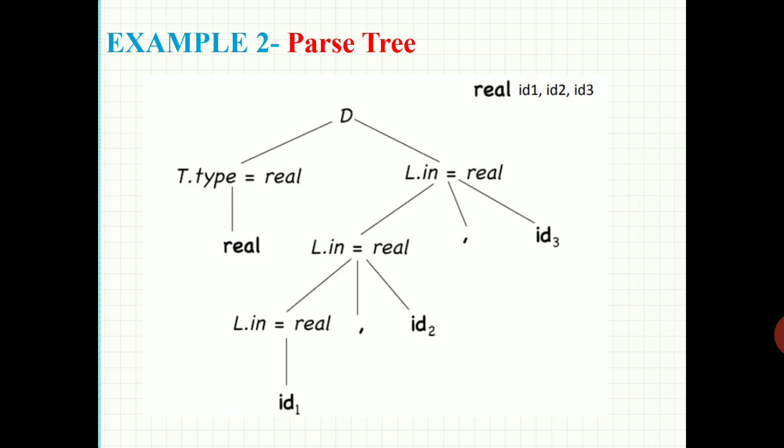To evaluate this particular string, we are going to construct the parse tree for the string. From the productions we can see that it is evaluated by using the parse tree. D produces T, type equal to real, and like that.